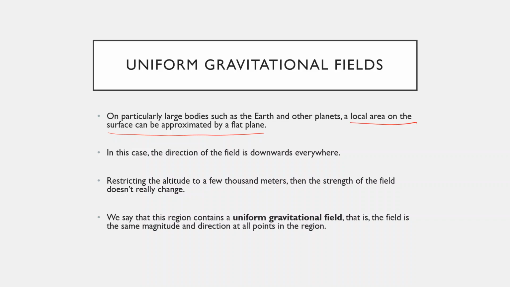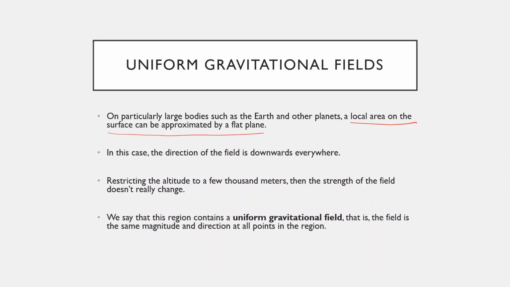You can't tell that the Earth is curved. It might be a bit bumpy here and there, but overall, if you drop one object on one side of your backyard, it'll fall in the same direction as if you were to drop another object on the other side. The directions of motion of those two objects as they fall would be parallel.